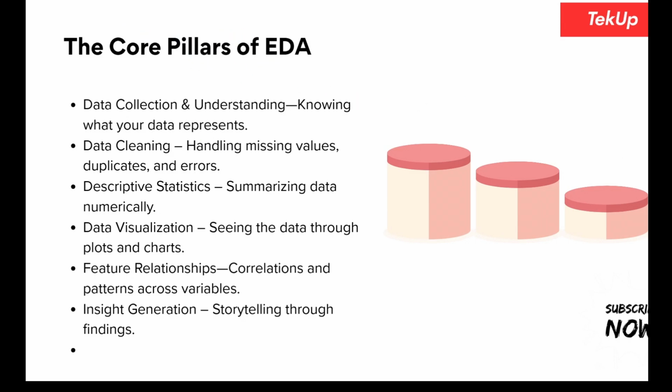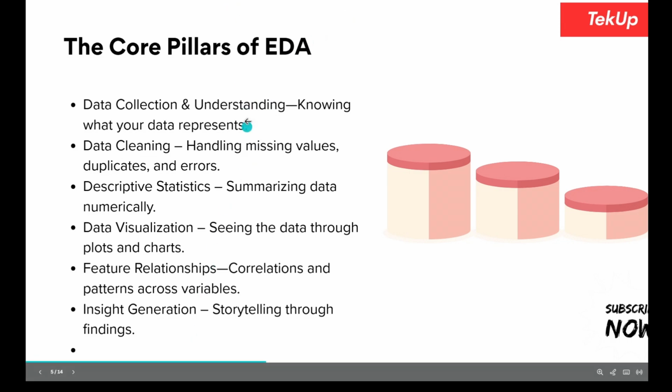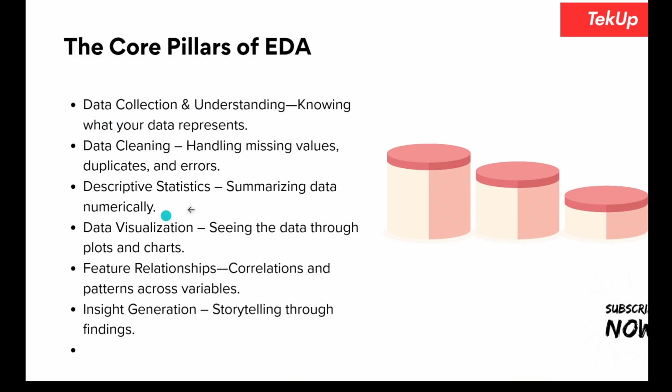Now, let's look at the core pillars of EDA. By core pillars, we simply mean the core steps involved in EDA. Before we perform the EDA, we have to collect our data, which is data collection and understanding what the data represents. We have to perform our data cleaning, like handling our missing values, duplicates, and errors.